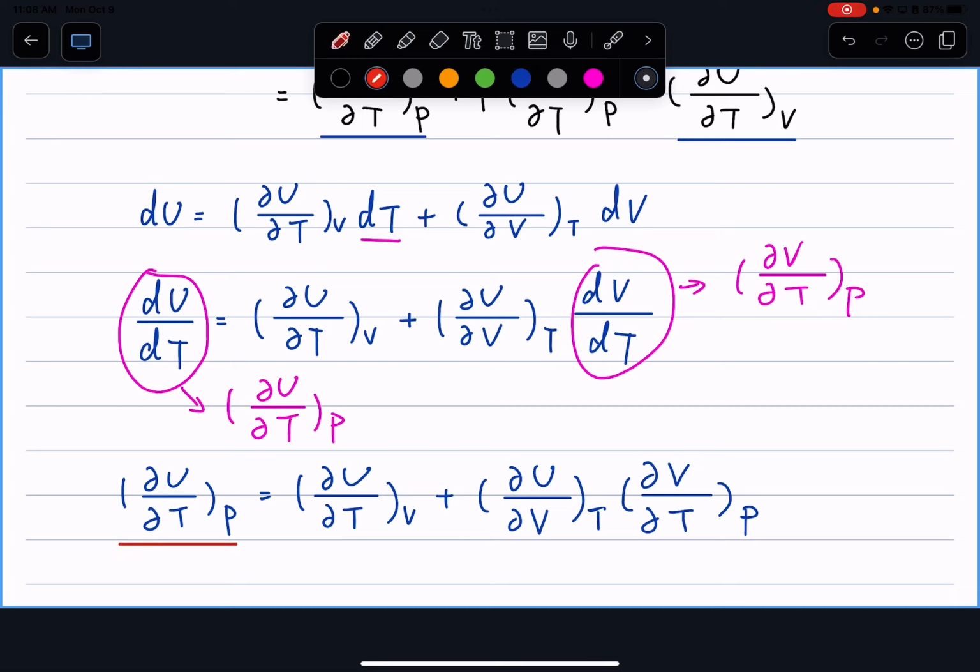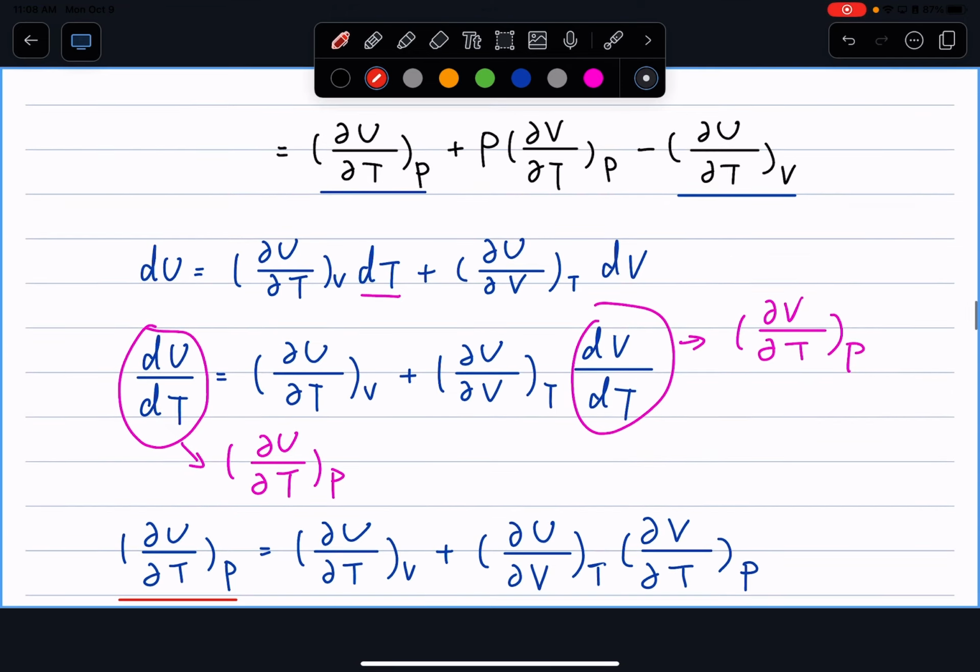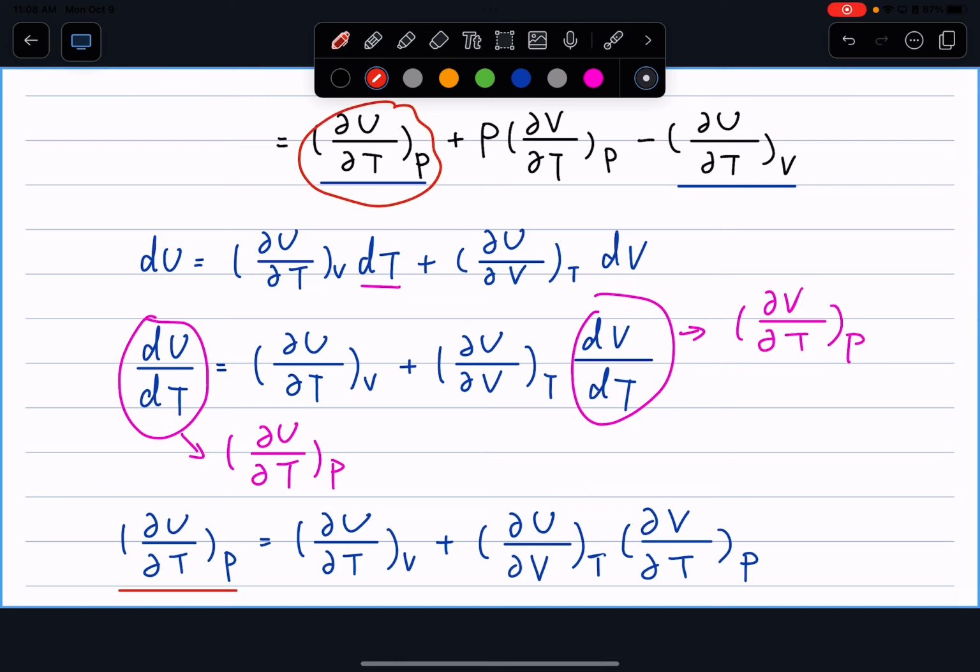That's our partial derivative of U over T at constant pressure term, which is this term here.